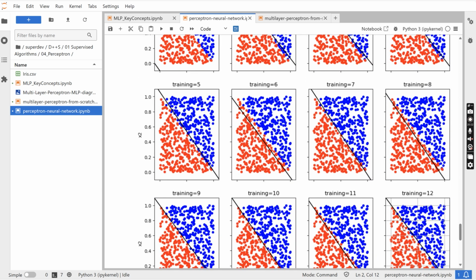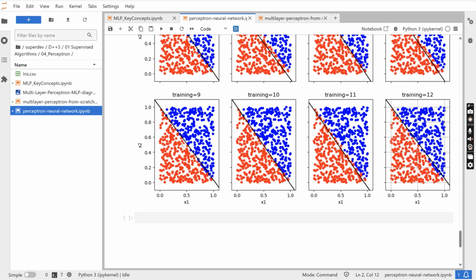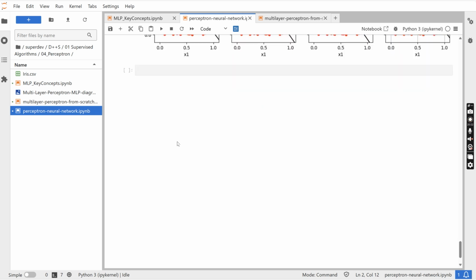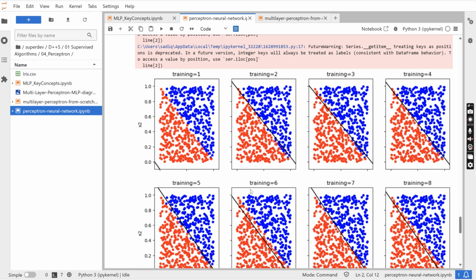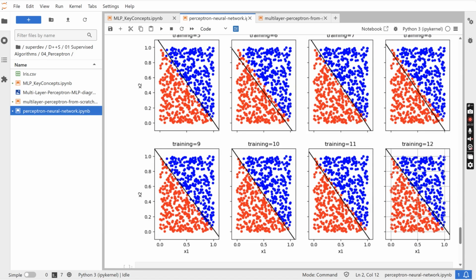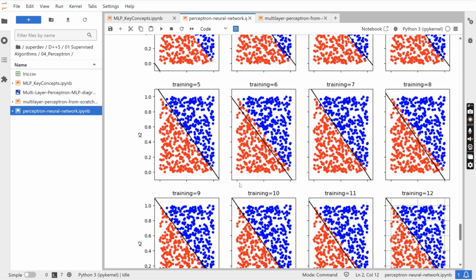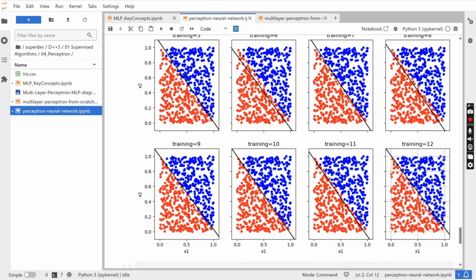But 12 is not necessarily your final answer; that is something you have to keep in mind. Maybe 5 is good enough for us, or even 9, because 9 seems to be the point where the error is very low. This way it creates a decision boundary, and the decision boundary is nothing but your slope. That was 12 epochs, yes.